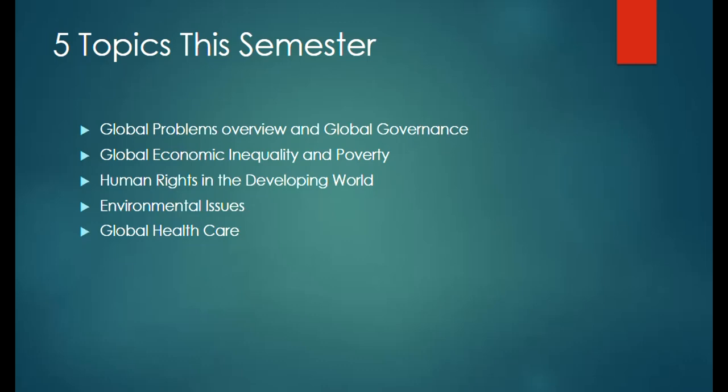We'll also, of course, look at environmental issues, particularly climate change and how the globe reacts to what is essentially a global problem. And then finally, we will look at global health and global health care in particular. And in anticipation of that, the first topic will look at some of the global institutions that have been set up to address these global problems and potentially offer an avenue for solutions.